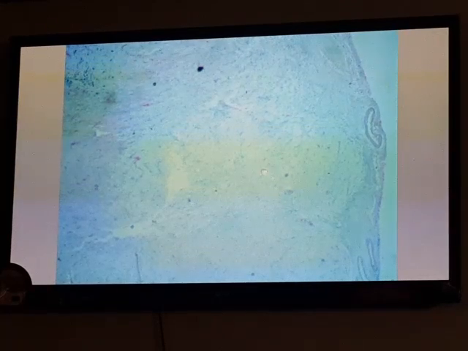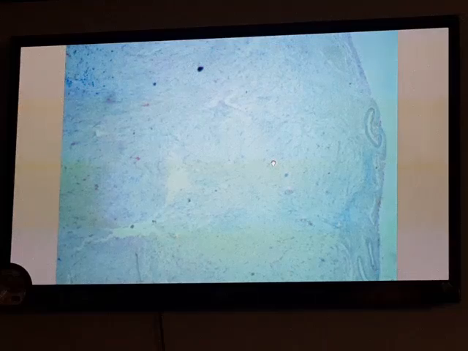This is the pars nervosa. It doesn't contain secretory cells. We see unmyelinated nerve axons.